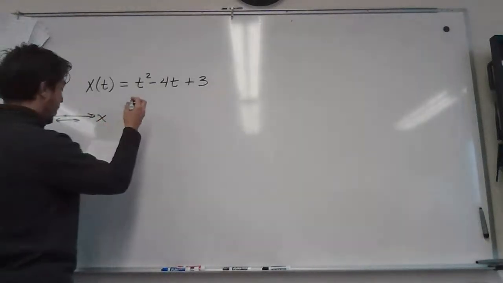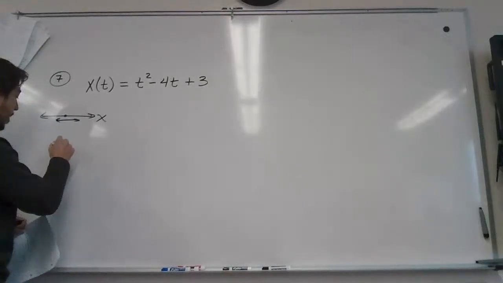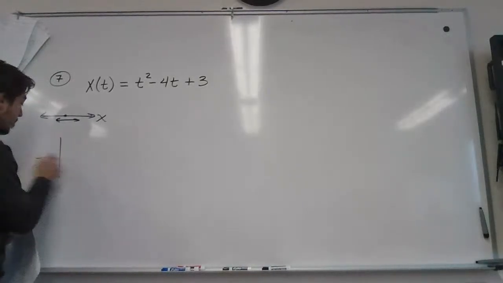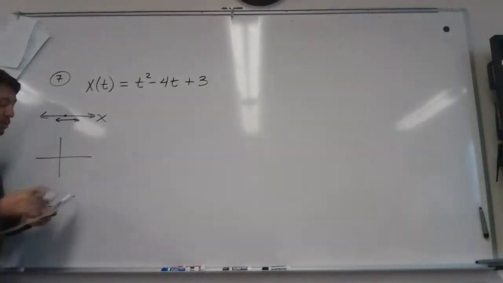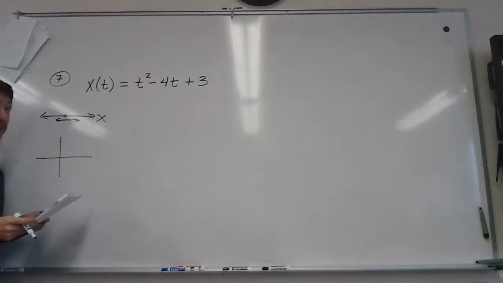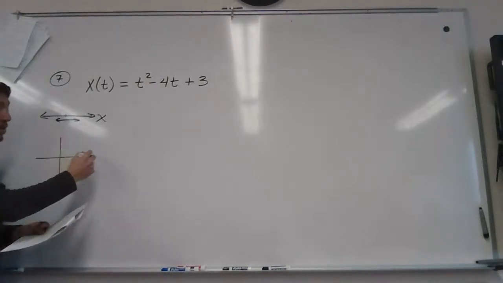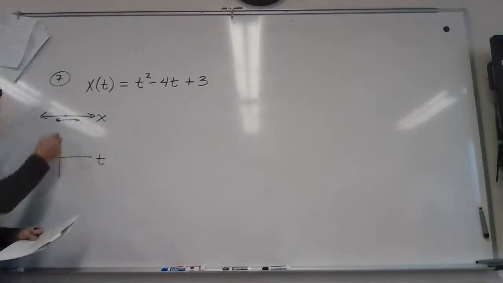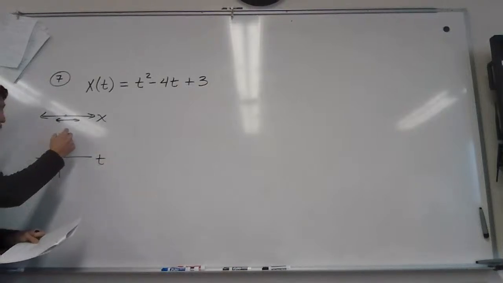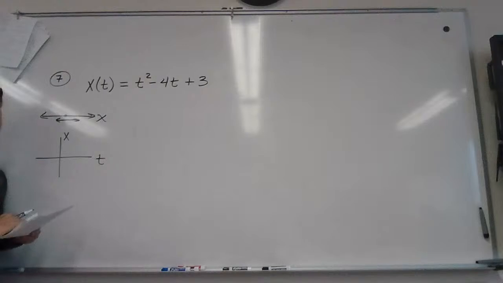Okay? What is the position versus time graph? Let's graph that. By the way, this might confuse you really badly. In the position versus time graph, this is time. What's this? Position.